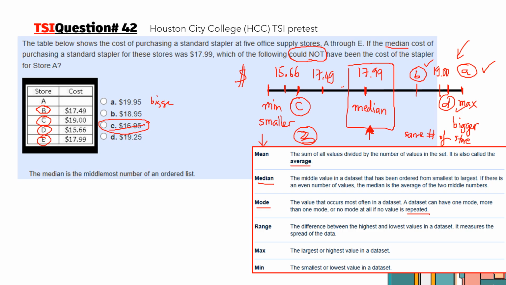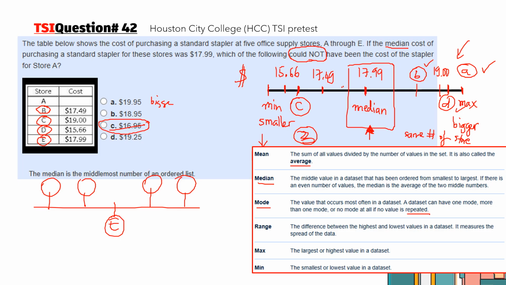So right here we have 5 stores, so we need the median store right here, because it's the number in the middle. We have 2 stores less than it, and 2 stores bigger than it. So we have 17.99, which is store E, right here.